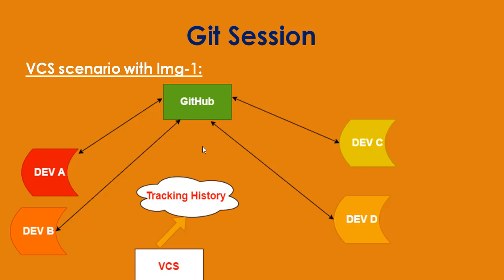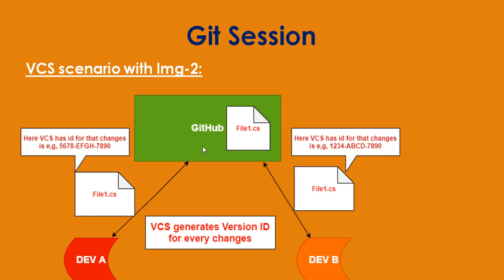Okay, now we'll describe this version controlling scenario with image 2 and another example. Here you can see file1.cs has been changed by developer A, and the version controlling system has generated a version ID, for example 5678-EFGH-7890.